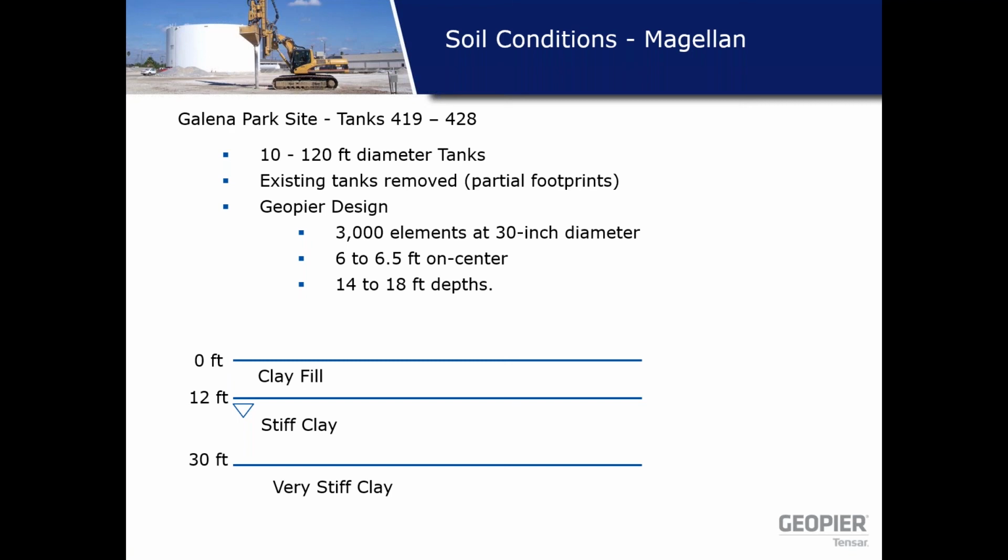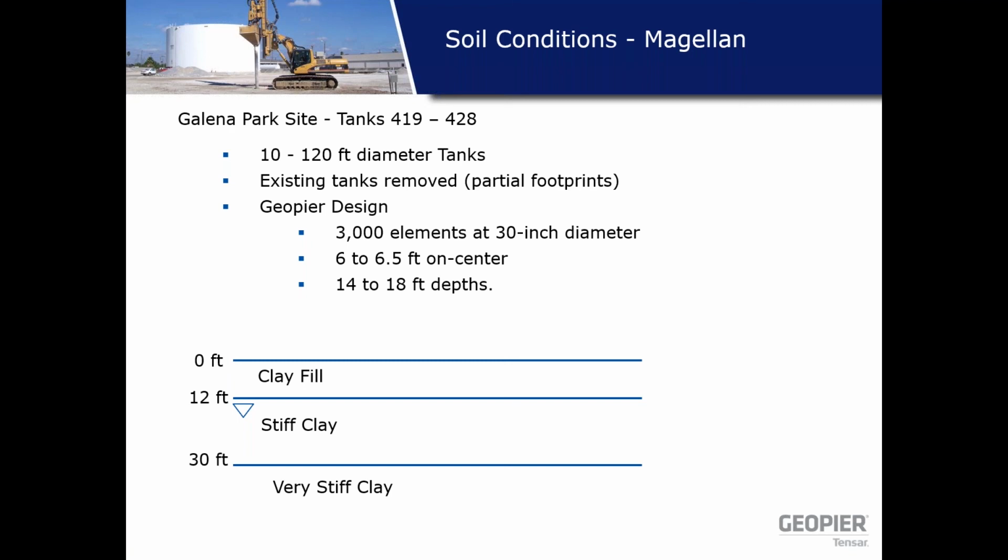Under normal circumstances, where you see this clay fill, which is highly variable in the upper 12 feet, and the groundwater is just below the fill, the normal construction process or design would have been removal of this 12 feet of material and replacing it with structural fill.